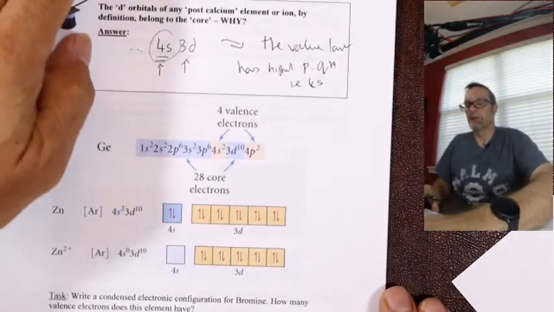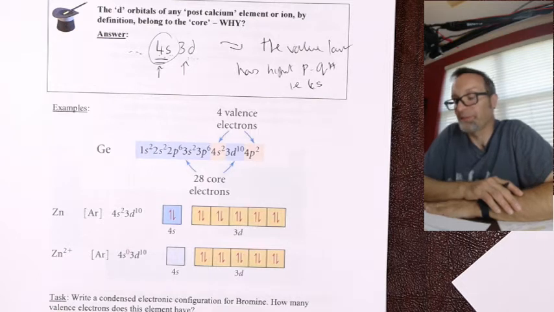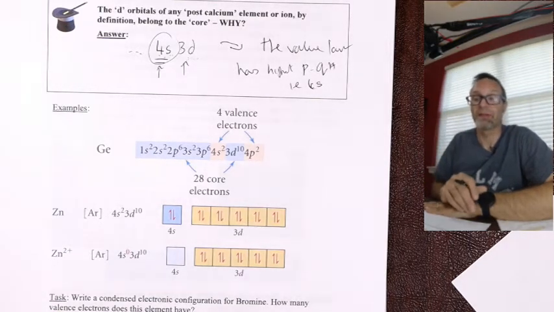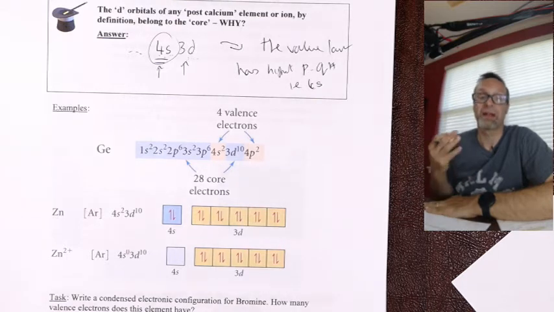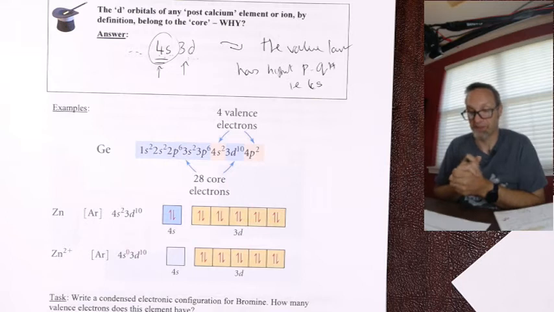So 4s fills before 3d, so therefore anything post-calcium, those d's technically belong to the core. So they're not full layers necessarily, but they are trapped underneath, okay? And that gives them super interesting chemistry, right?